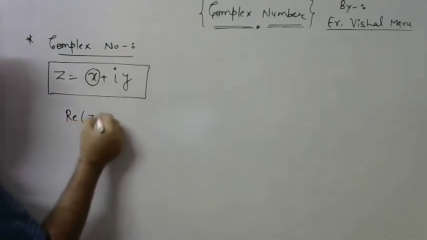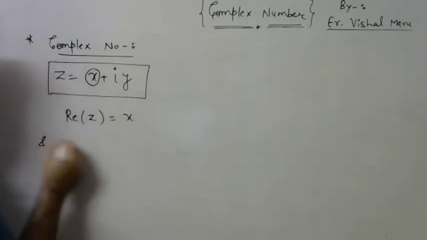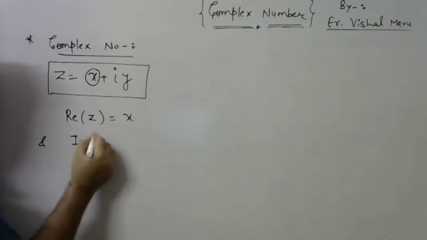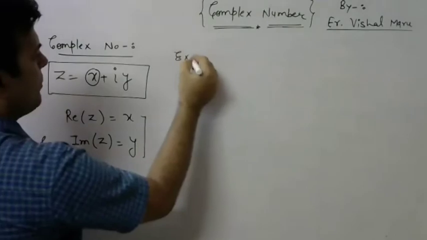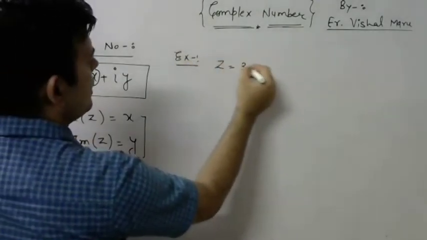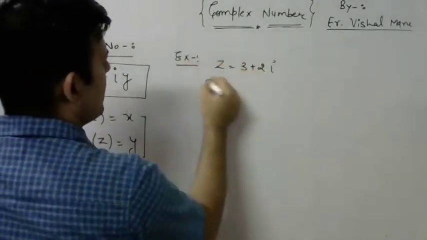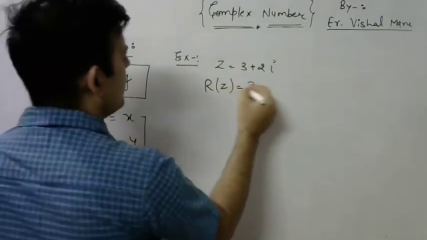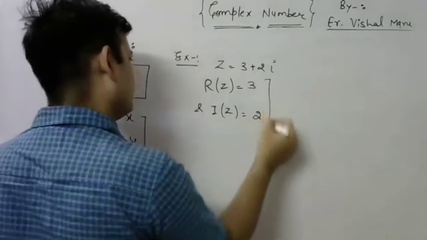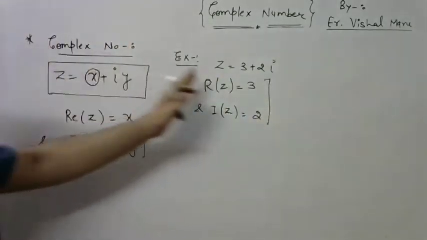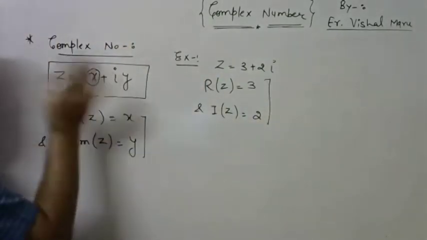So the real part of z is x and the imaginary part of z is y. For example, if z is equal to 3 plus 2 iota, then the real part of z will be 3 and the imaginary part of z will be 2. So this is the representation of a complex number in Cartesian form.